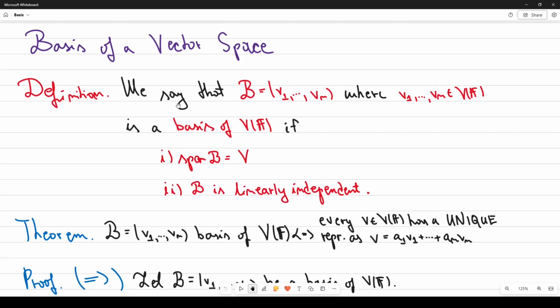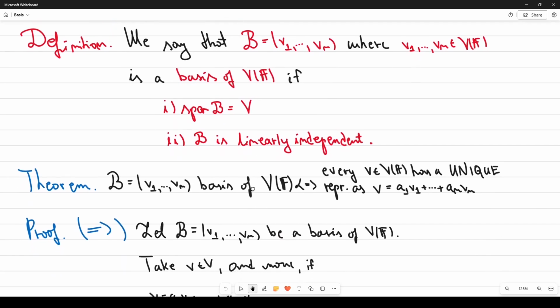So we say that B, which is equal to this ordered list of vectors, is a basis of the vector space V over F if the span of B is equal to V, so these vectors span the vector space, and B is linearly independent. If these two hold, then we say that B is a basis of the vector space.